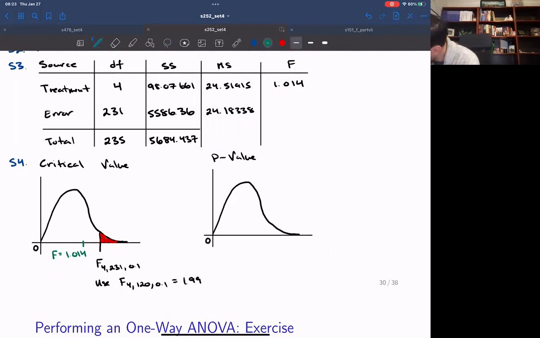So with our p-value approach, we start by marking down where the test statistic is.